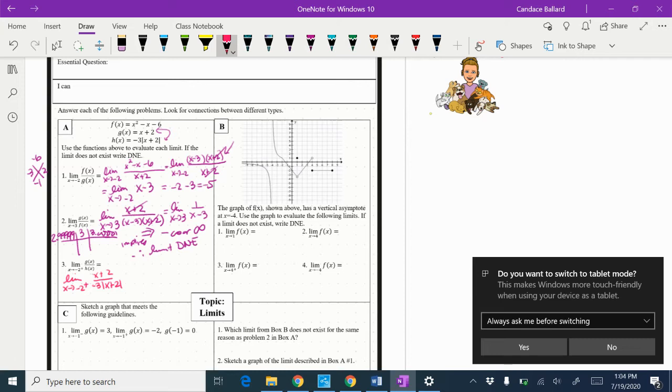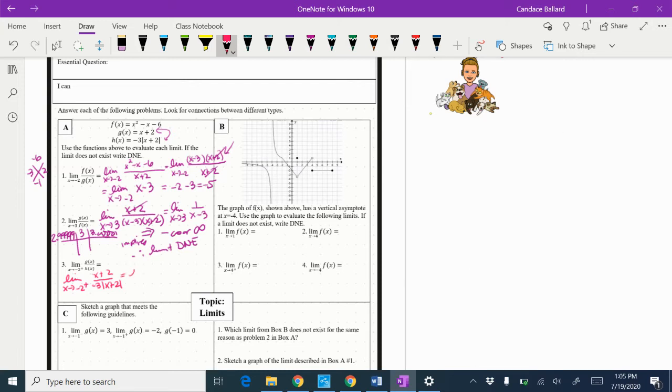All right, so we've seen that absolute value before, and we know that we're coming at it from the right, which means we want the positive absolute value, because typically we break that up into a positive and a negative. So I'm going to break that up. So limit as x approaches -2 from the right of x plus 2 over -3 times x plus 2. Now I'm allowed to cancel that. So the only thing that I'm left with in the numerator is a 1, so my limit has to be -1/3.